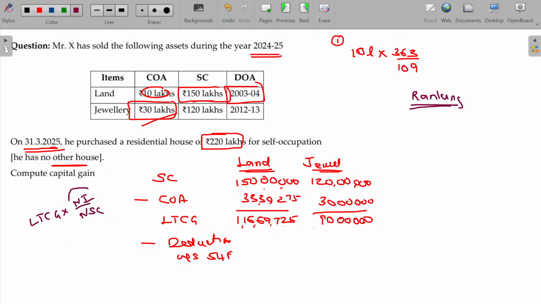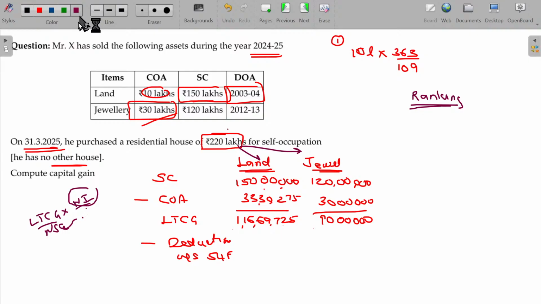I have to consider whether the investment 220 is for land or jewelry. That's a question mark. What does it mean? Long-term capital gain divided by net sale consideration is the proportion of investment that can be claimed as deduction.